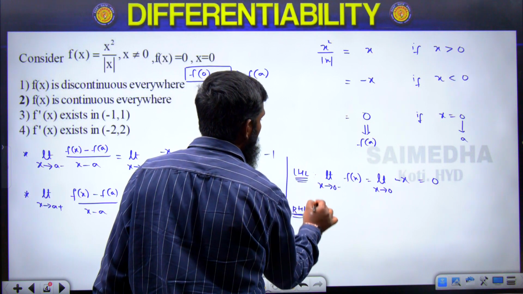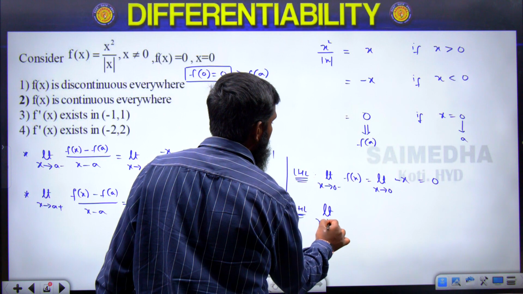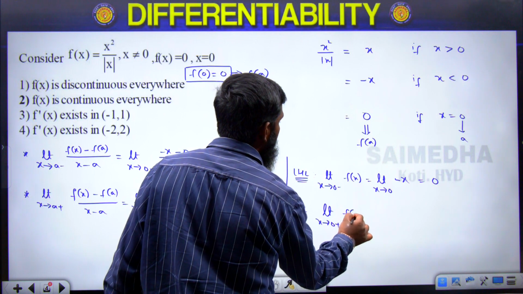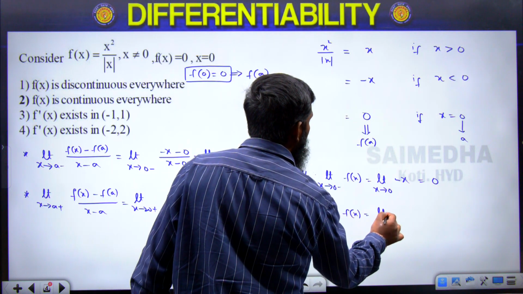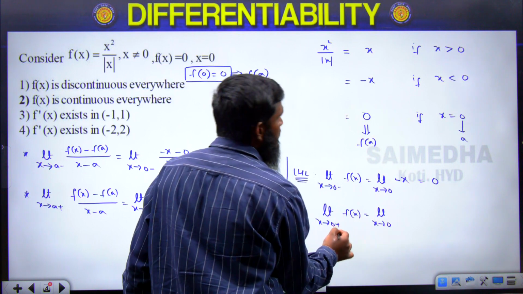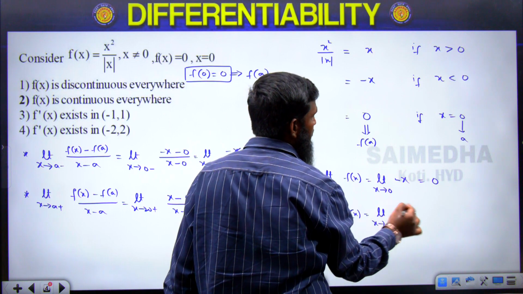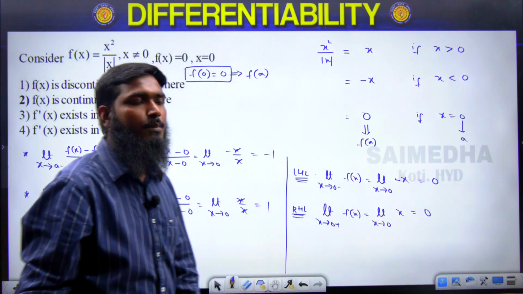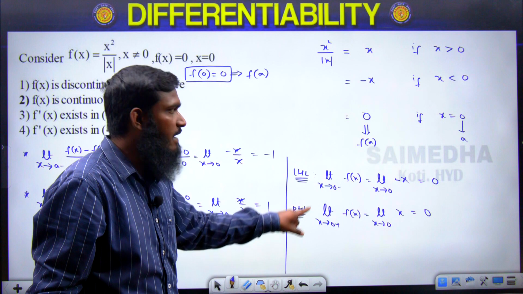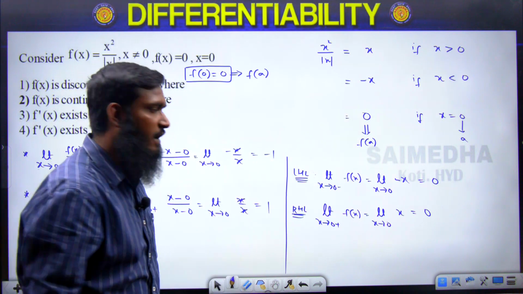Now next part, RHL value. RHL means limit x tends to 0 plus f of x, which is equal to limit x tends to 0, where 0 plus means we take x. If you substitute the x value as 0, we get the answer 0. This means the LHL value is equal to the RHL value and it is equal to the function value.